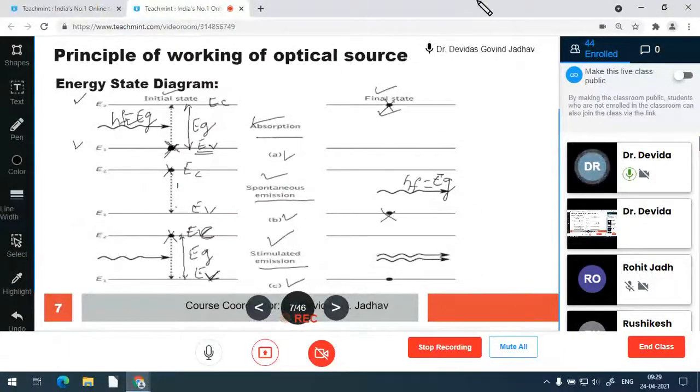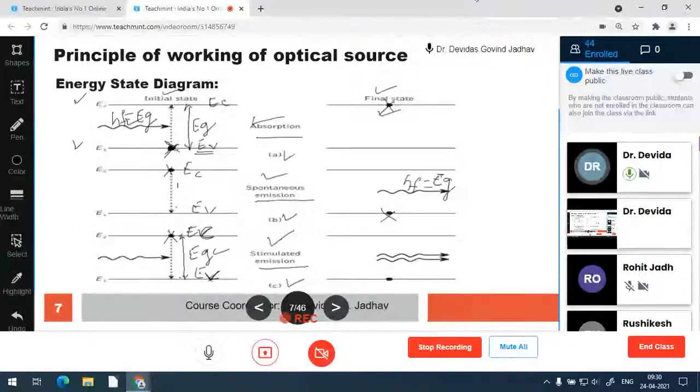Electrons can go from the valence state to the conduction state and back. While going from conduction to valence or valence to conduction, there is an energy difference of band gap energy Eg. Either it has to absorb Eg energy or emit Eg energy.